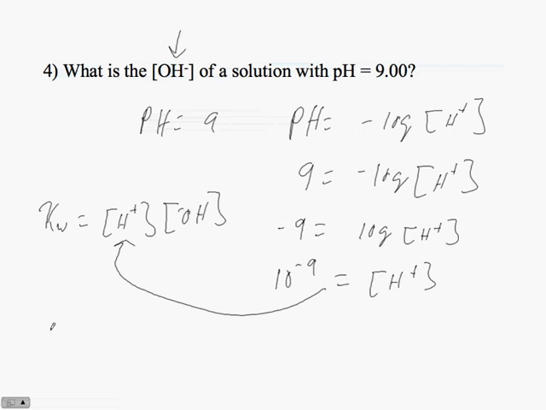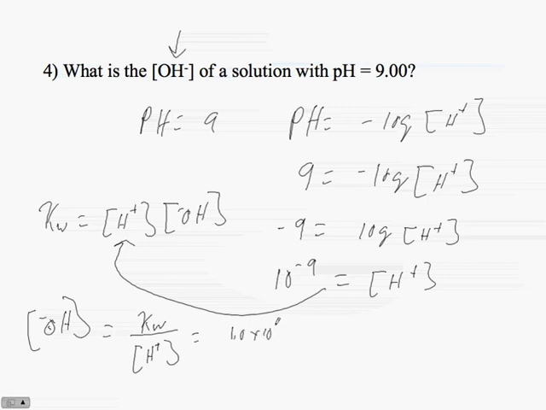So the hydroxide ion concentration would be equal to Kw over the hydrogen ion concentration, which is 1.0 times 10 to the negative 14 divided by 1.0 times 10 to the negative 9, which means that the hydroxide ion concentration would be 1.0 times 10 to the negative 5.